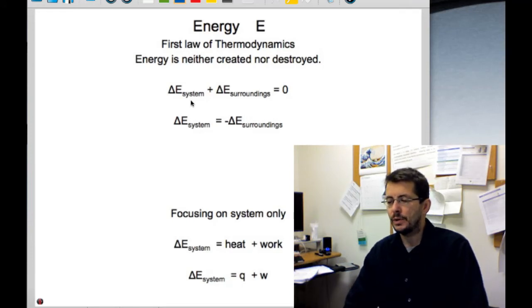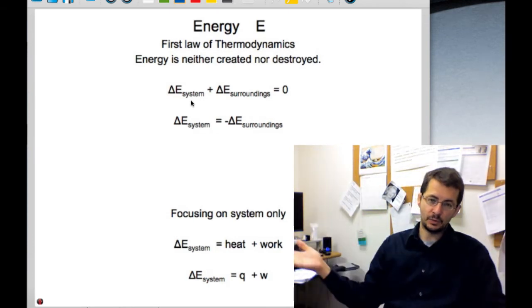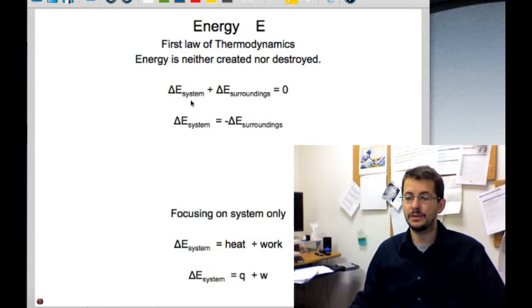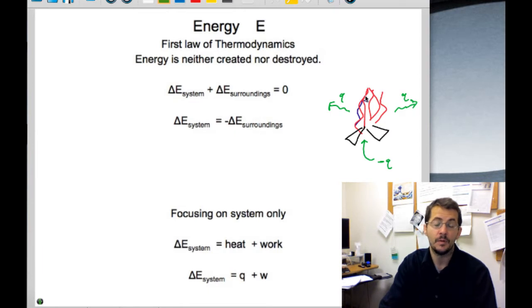Another way of thinking about it is that the heat lost by the system is gained by the surroundings. So it's a rather simplistic picture. There's our campfire, and the heat coming off that campfire, Q, will be equal to the negative of the heat lost by the chemical compound, the wood.